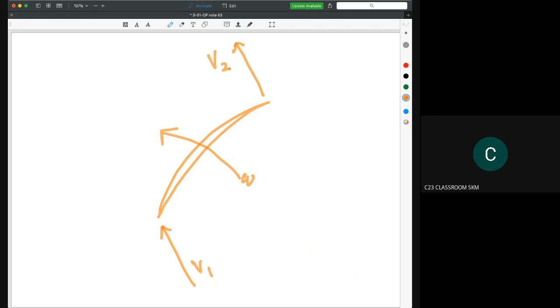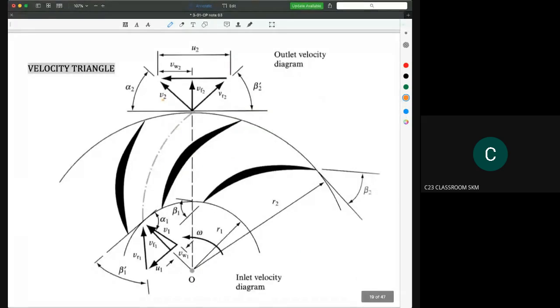Okay, then we go to the next step. If you see here, we have V1 here. At the same time, we have U1 and VR1. And here, we have VR2 and U2. Now I would like to explain VR2 and U2.